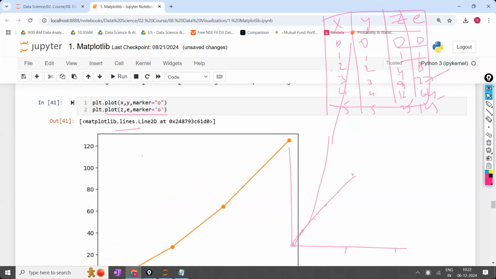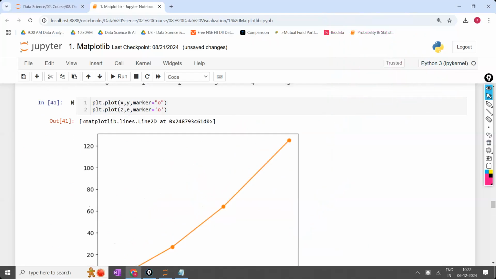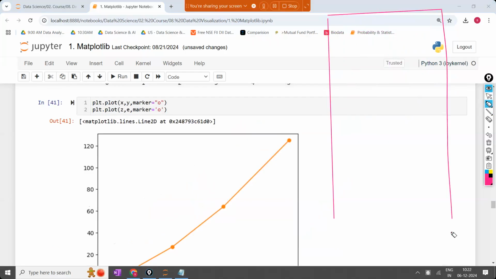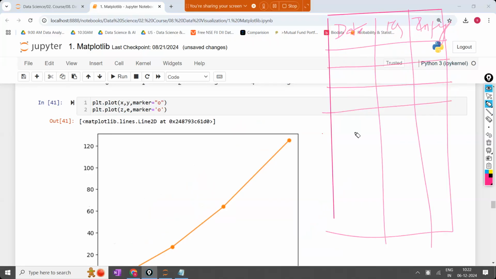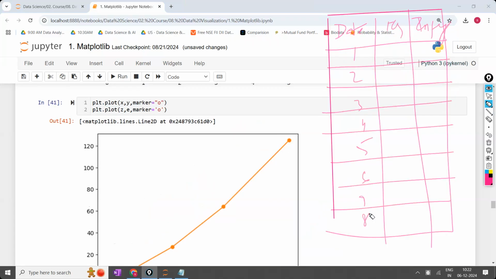Sir, could you explain with an example? Very simple. For example, I'm having a column called date. And for every date, TCS company share price, and along with that the Infosys company share price. Every day: day 1, day 2, day 3, day 4, day 5, 6, 7, 8. I'm having TCS company and along with the Infosys company.